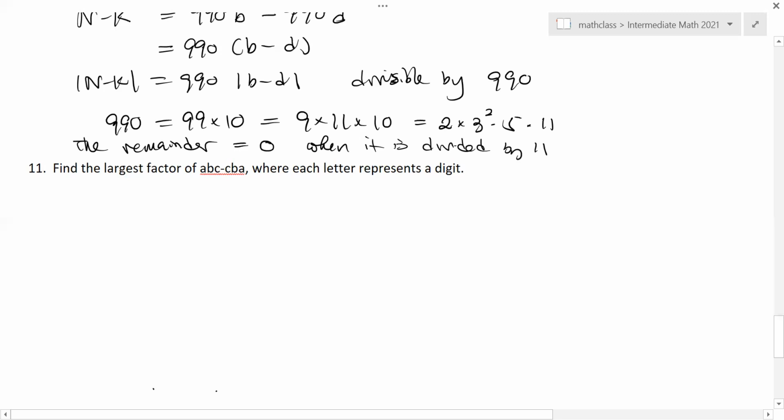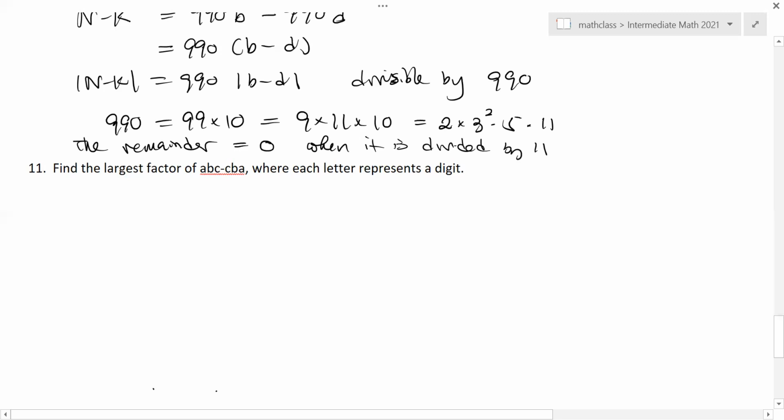I just got 8 times 100 plus C minus C times 100 plus A. Okay, you have to find the largest factor, right? Now, when you get the answer, you have to show to me why this is correct, okay? Why this is the largest one?